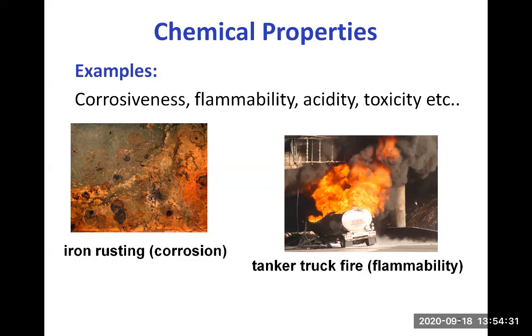So those are dangerous properties. The acidity or basicity of a substance, the toxicity, the reactivity with any kind of matter, or any kind of reactivity basically is a chemical property.